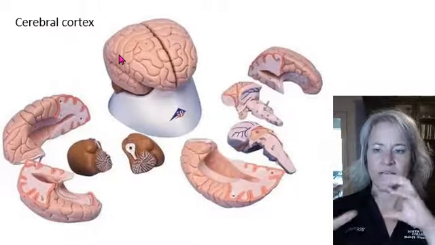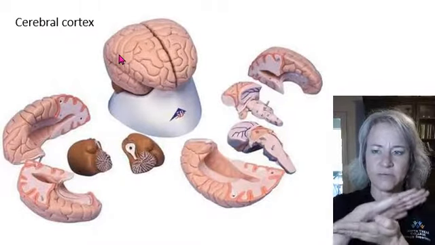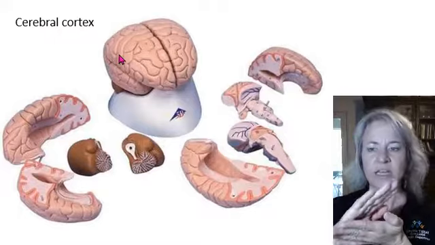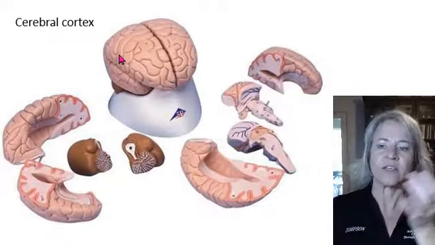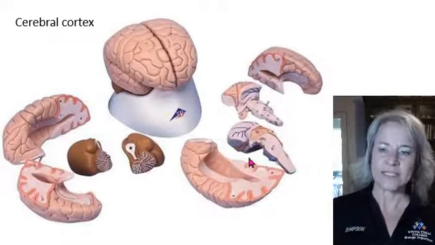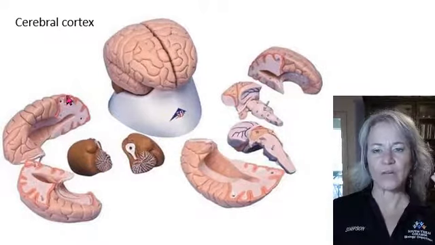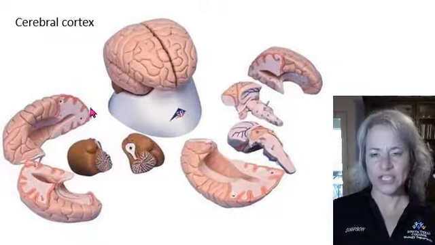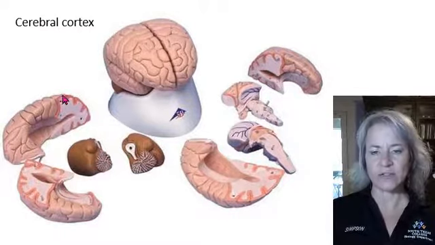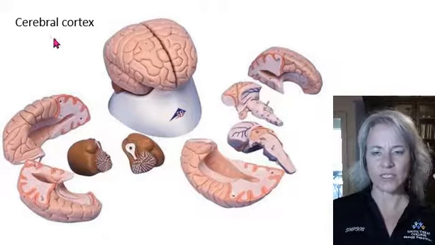Now, if we could perform a cross-section of this brain and look at the inside, you will see this gray matter on the outer edge. And there's gray matter and there's white matter. And the gray matter on the outer edge is the cerebral cortex.